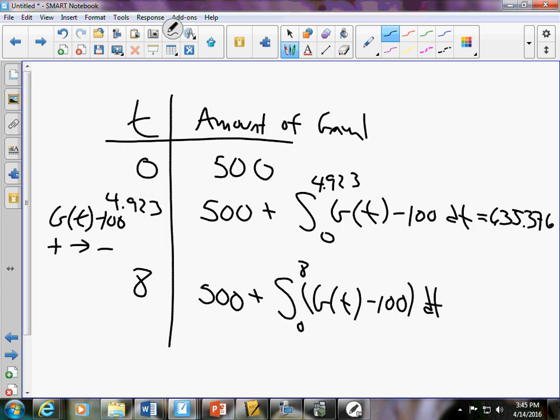As far as my justification, why am I just checking these values? And where the derivative changes from positive to negative. Yes, you actually have to write that. You have to say the absolute max can only occur at an endpoint, or where G of t minus 100 changes from positive to negative.